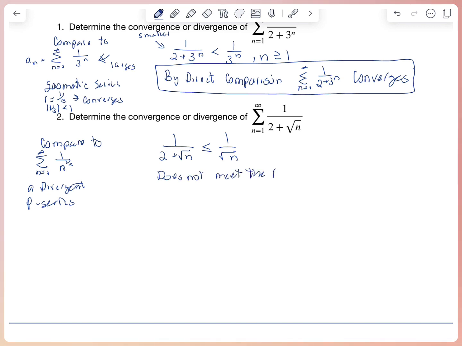So that means I cannot do direct comparison with this series. So I cannot choose 1 over n to the 1/2 as my comparison series, because it does not meet the requirements of the direct comparison test. And so the direct comparison test fails to help me if I use that choice.